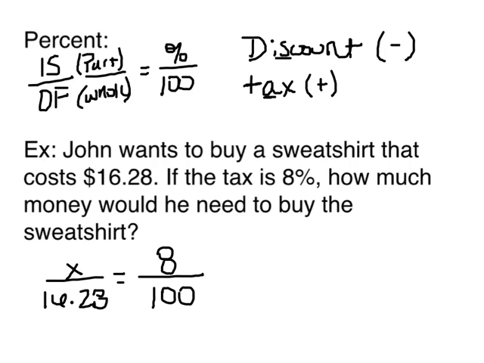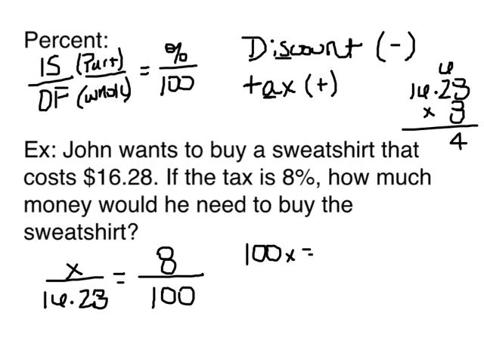Now we're going to do our cross product. So 100x equals, and then let's see, 16.28 times 8. 8 times 8 is 64. 2 times 8 is 16, plus 6 is going to be 22. 6 times 8 is 48, plus 2 is 50. 1 times 8 is 8, plus 5 is 13.